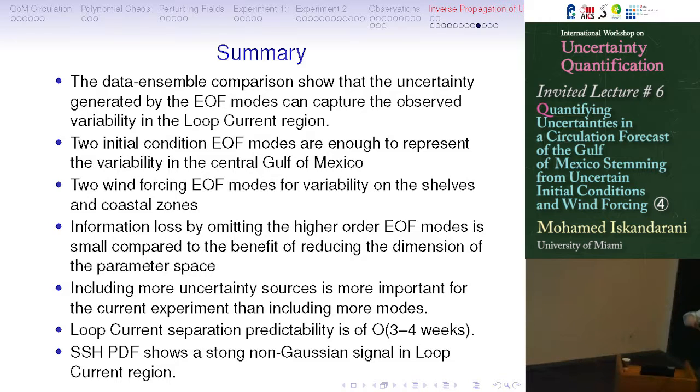You don't need to include all the variability that you see in your EOF decompositions. It's enough to knock the system with the leading EOF modes to keep the parameter space small. At least this is true for this 30-day forecast. Maybe if you went longer, things would change.